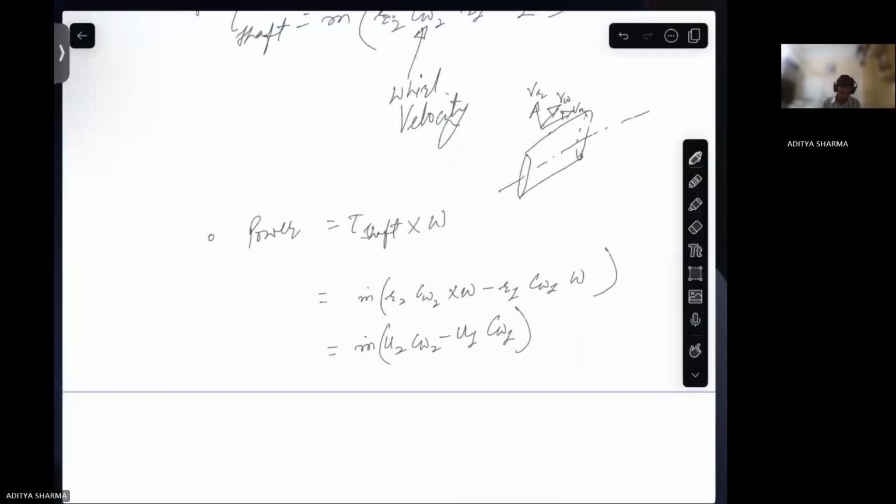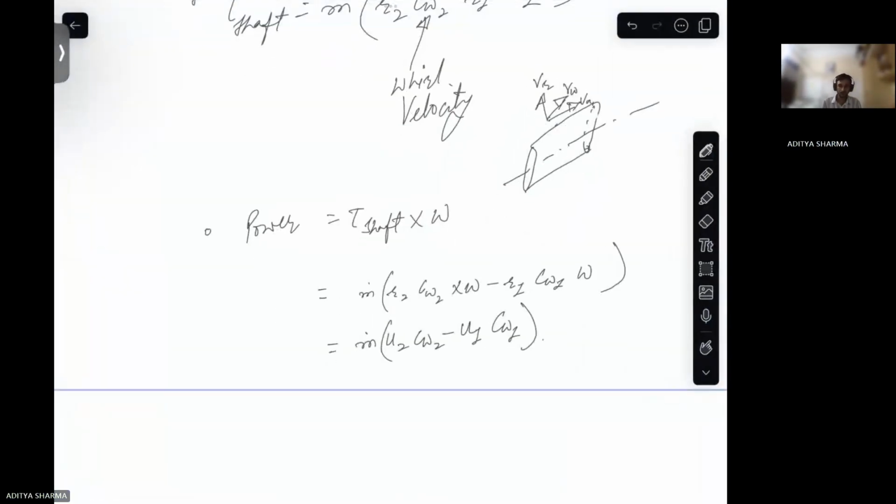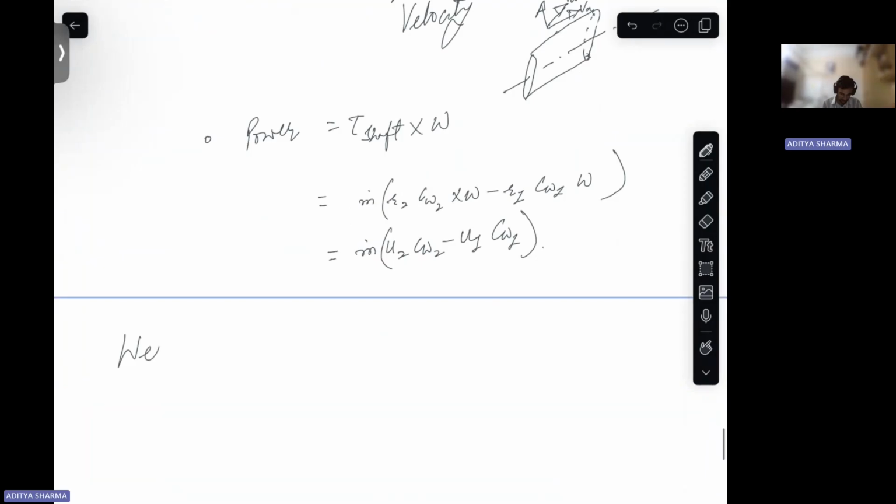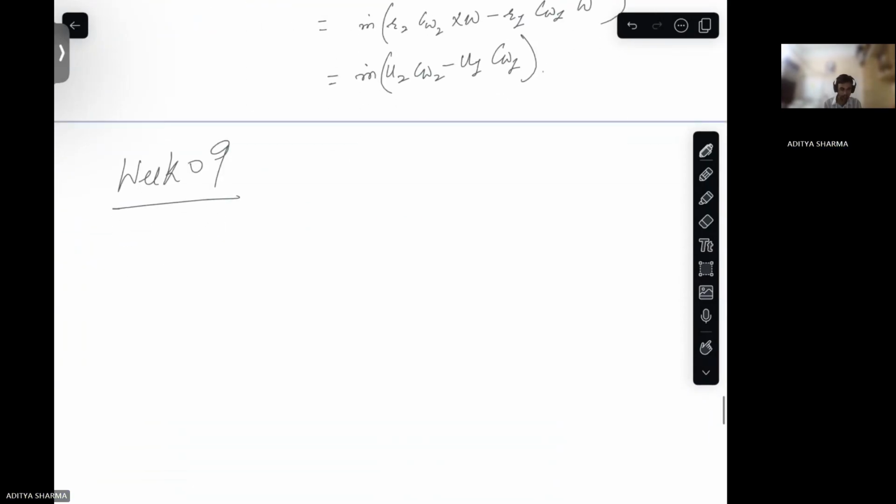Then the expression for degree of reaction. So week 9 is on centrifugal compressors.